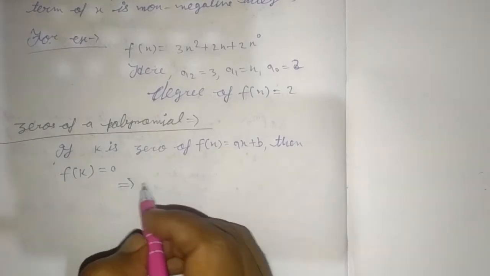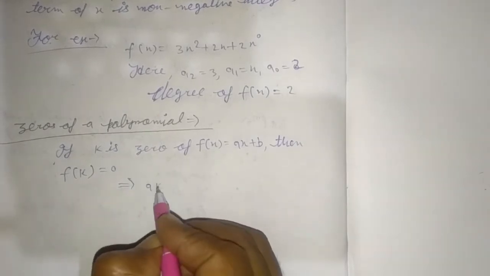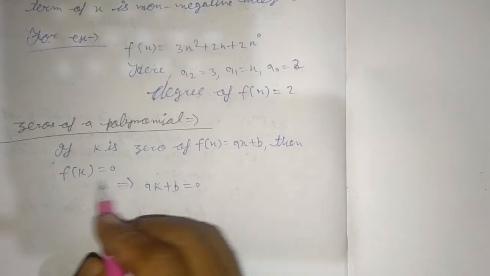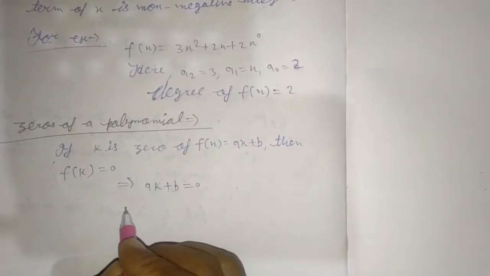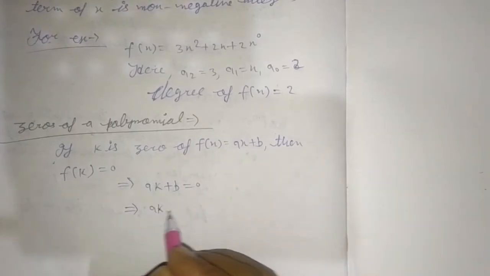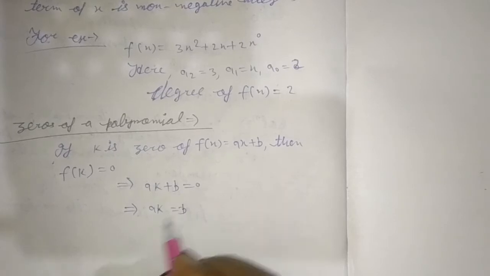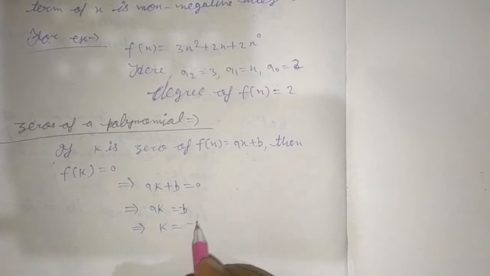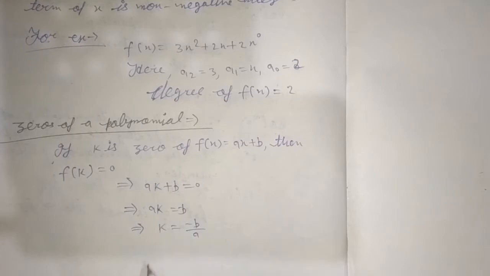This implies that ak plus b equals 0. So put x equal to k. This implies that ak is equal to minus b. This implies that k is equal to minus b upon a.